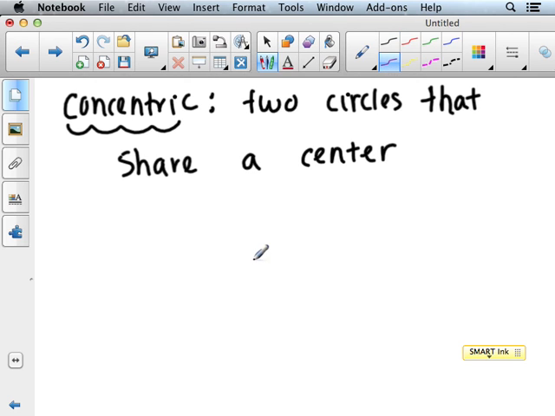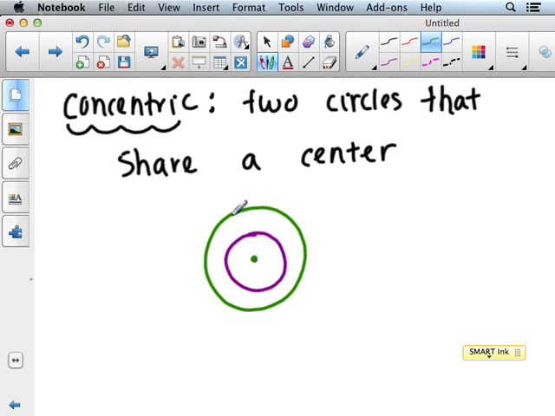And I could say this is the center of my purple circle, and I can say it's the center of my green circle. These are concentric circles. So when you look at a dartboard, those are all concentric circles. And that is the end of the notes, and you guys should be able to do that first assignment from the circles unit.